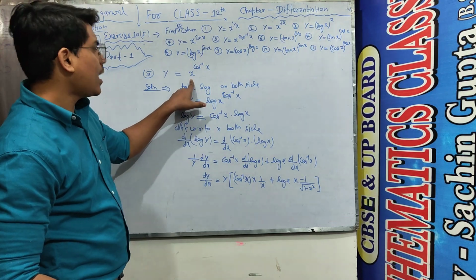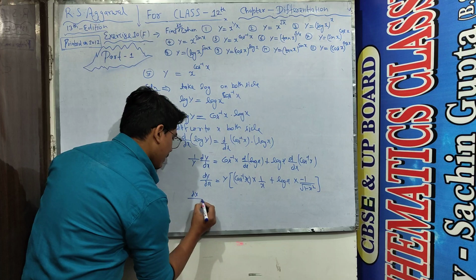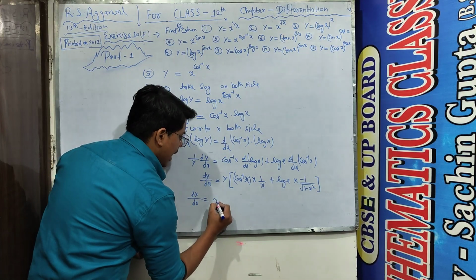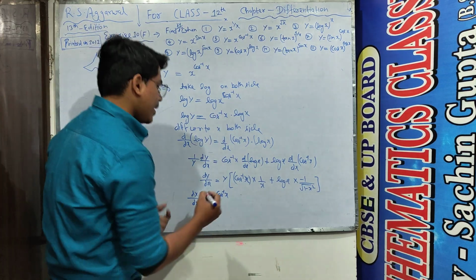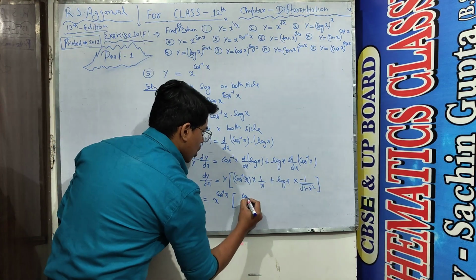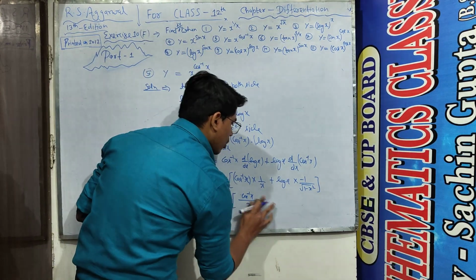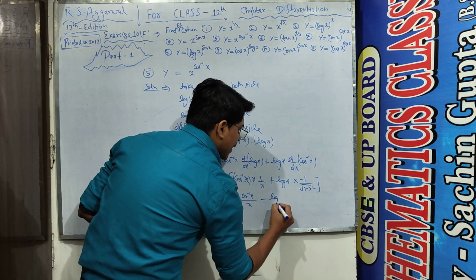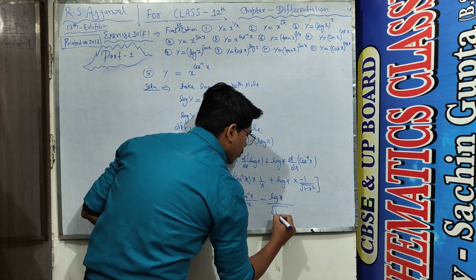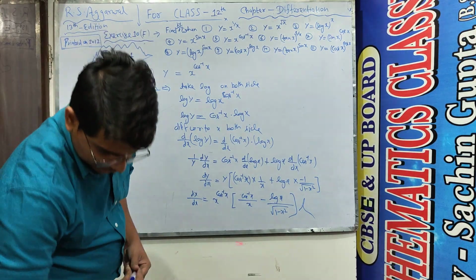The value of y is x raised to the power cos inverse x. So I write here dy by dx, its value becomes x raised to the power cos inverse x, and in the multiplication, cos inverse x divided by x plus, sorry, this minus and this plus become minus, and I write here log x whole divided by under root 1 minus x square. This is our answer of question number 5.